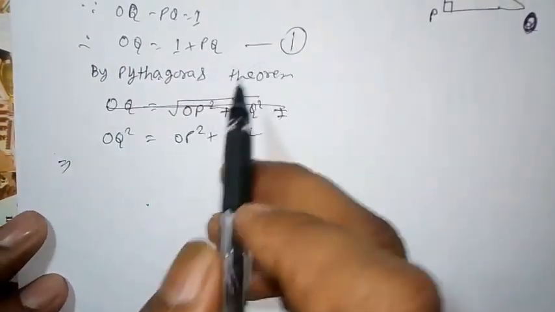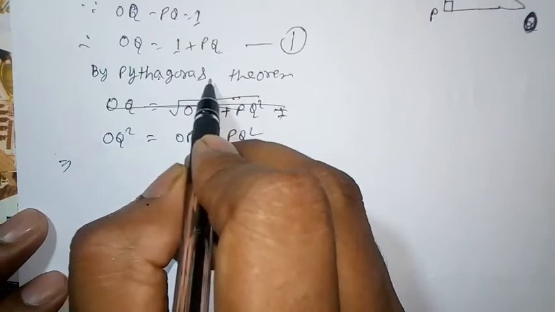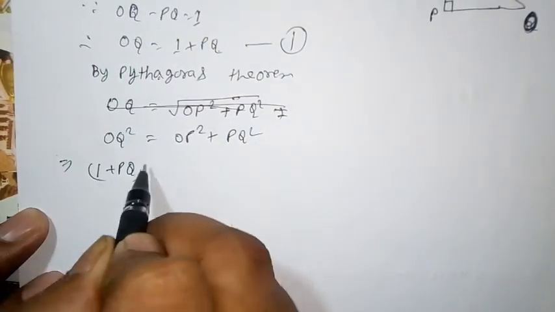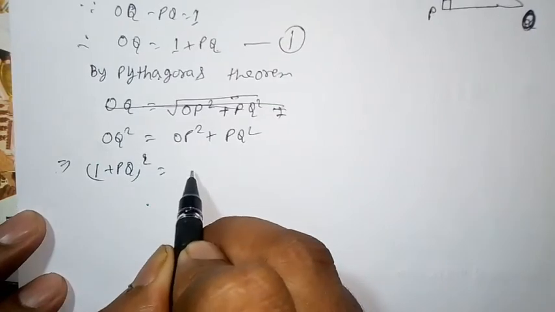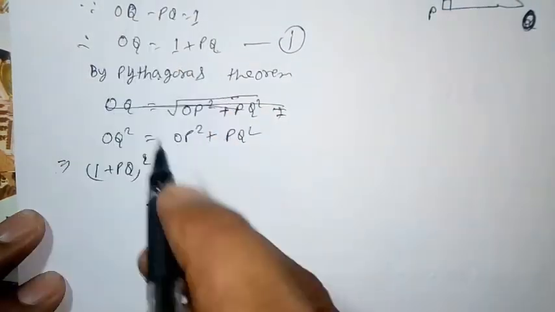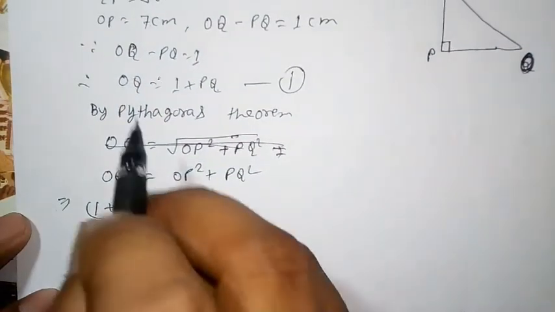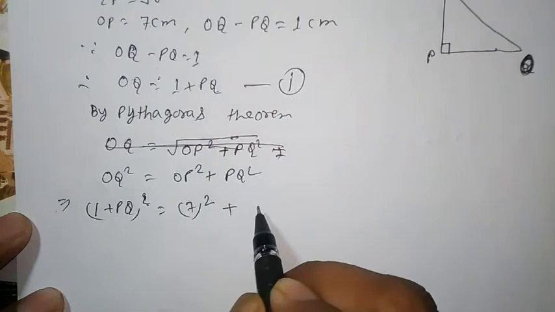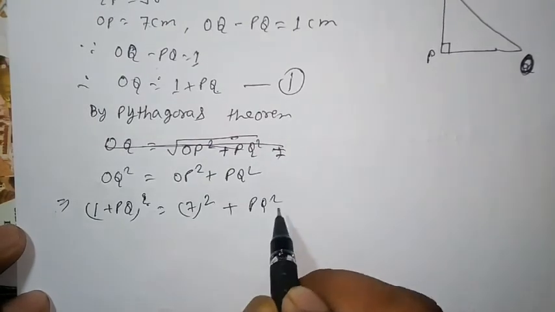By equation 1, OQ is equal to 1 plus PQ, so I put the value of OQ: 1 plus PQ the whole square is equal to OP square plus PQ square. OP is equal to 7, so I put the value: 7 square plus PQ square.